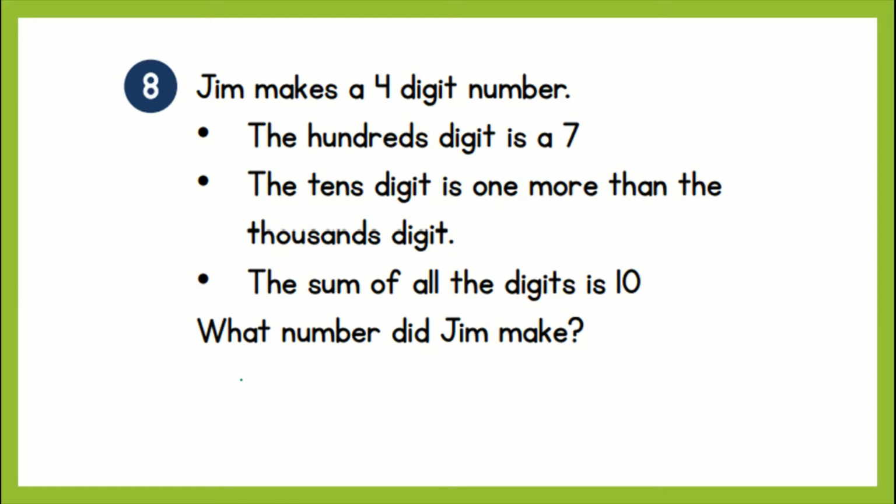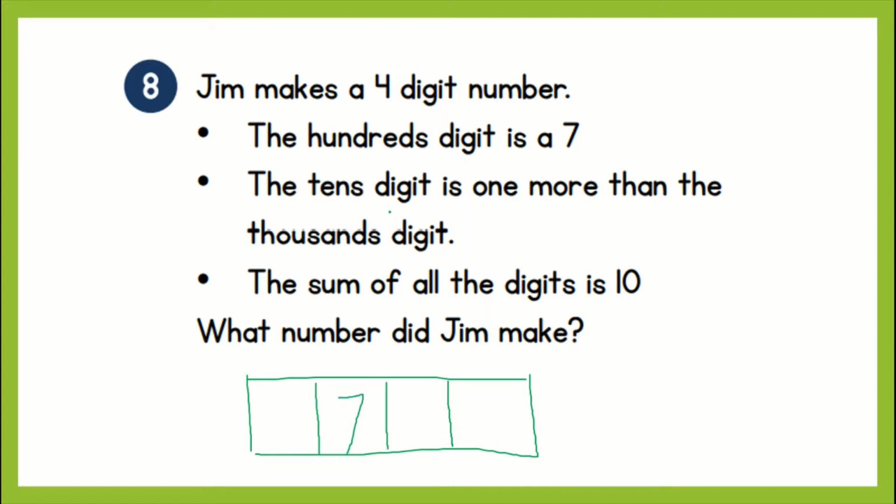So, if I draw 4 boxes, 1, 2, 3, 4. So, we know it's a 4-digit number, that's why I've drawn 4 boxes. The hundreds digit is a 7, so we know that here we've got a 7. The tens digit is 1 more than the thousands digit.